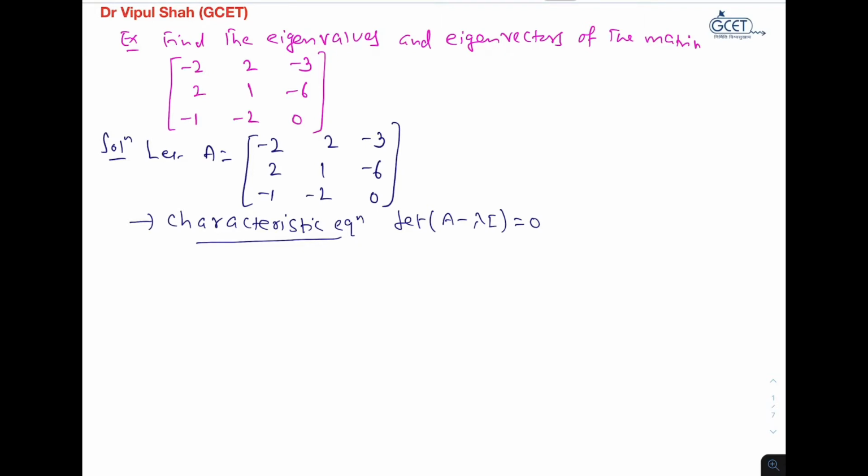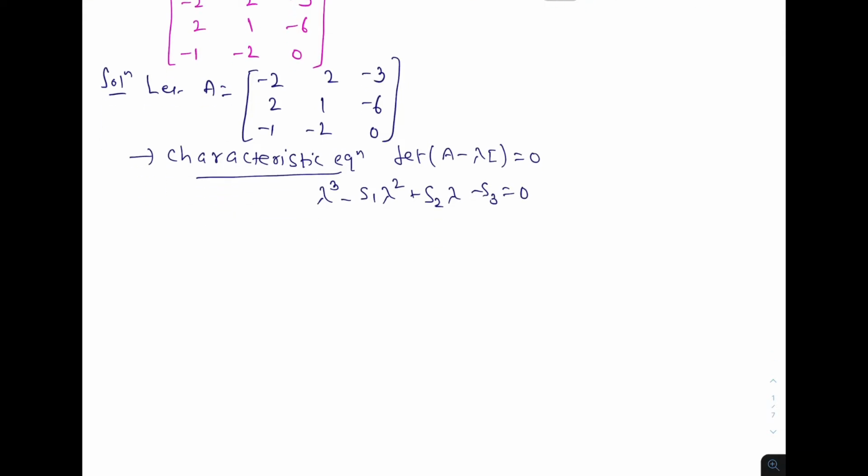There is also another way of finding the characteristic equation, which is lambda cube minus S1 lambda square plus S2 lambda minus S3 equal to 0.